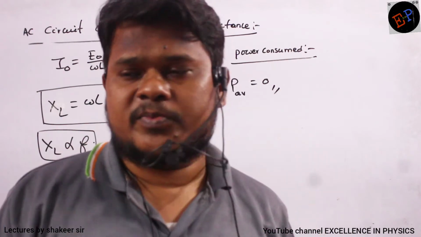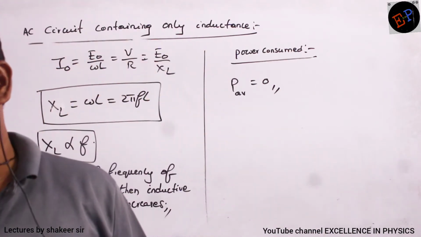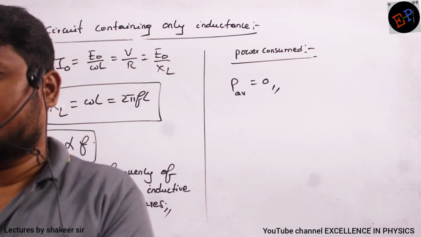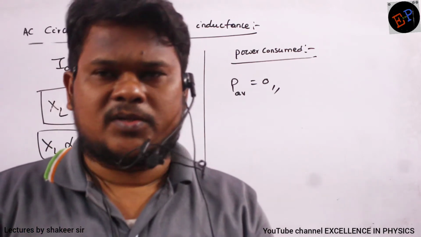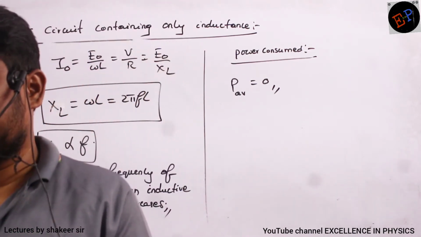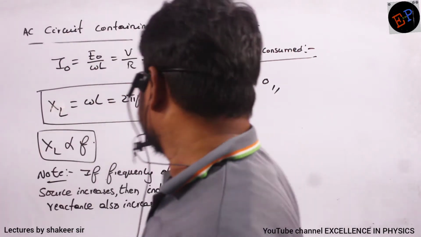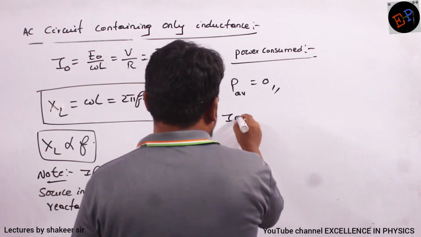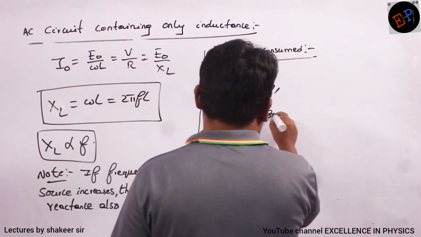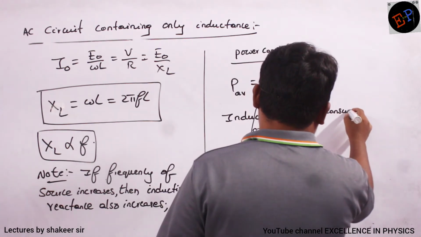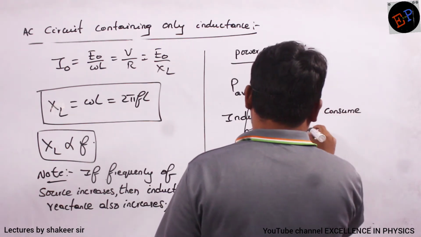Resistance consumes power. Inductor and capacitor will not consume power. They will store energy for some time, then they will release energy. Store for 1/4 of the cycle, release in the next 1/4 of the cycle. That's it. So inductor does not consume power.